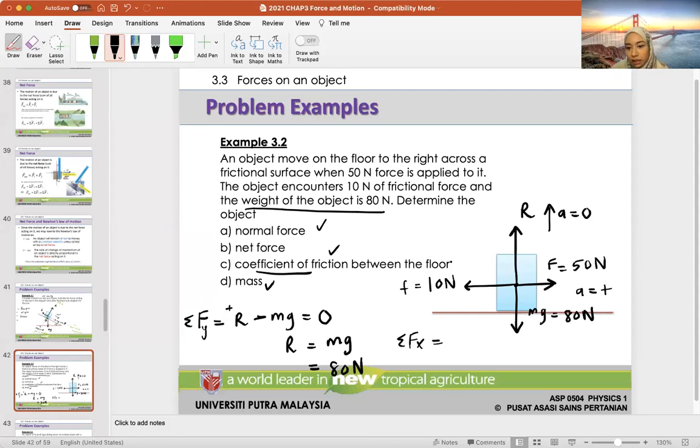So we just add in what is in our equation, assuming that to the right is positive and to the left is negative. Okay, to the right is positive and to the left is negative. So positive 50 Newton minus 10 would give me 40 Newton.